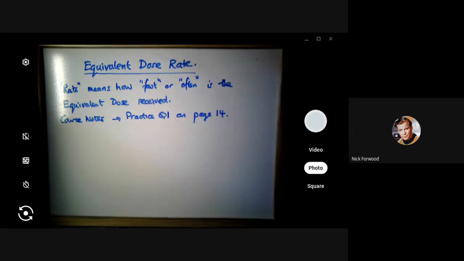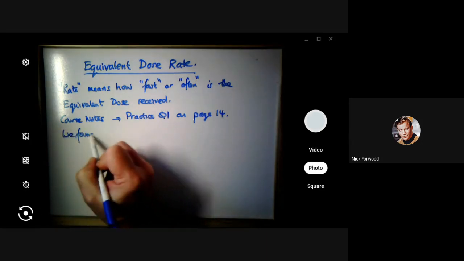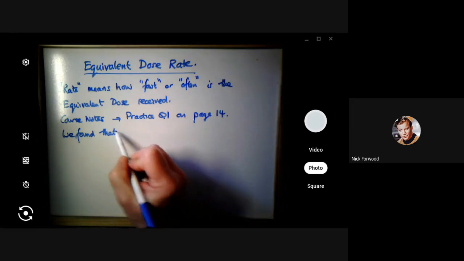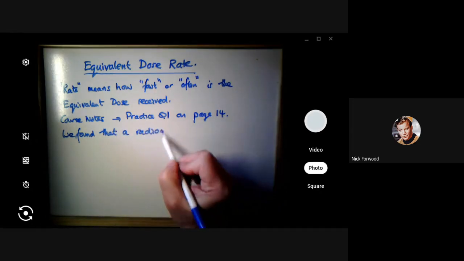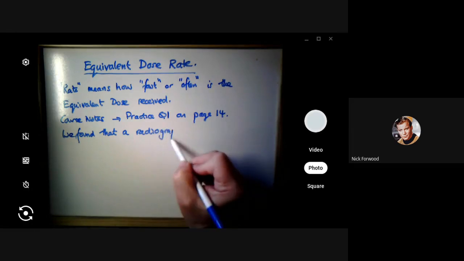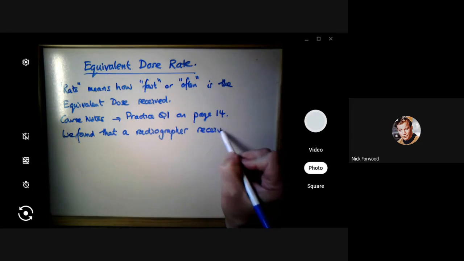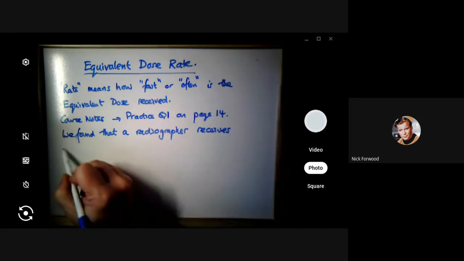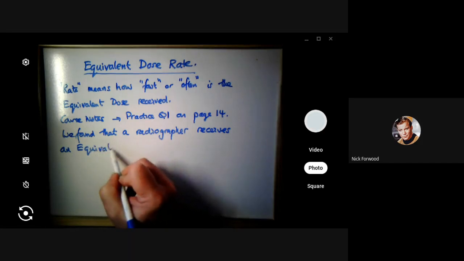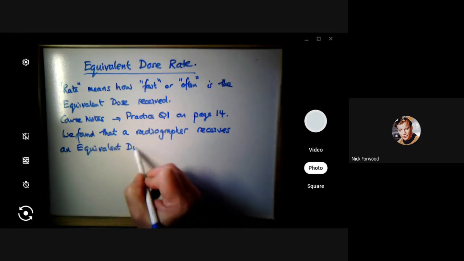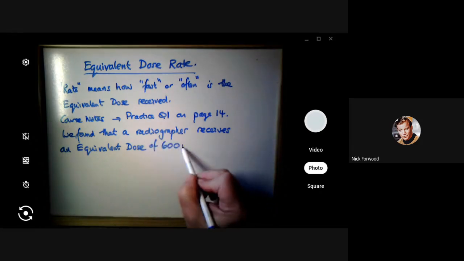So we found that a radiographer receives an equivalent dose of 600 microsieverts.